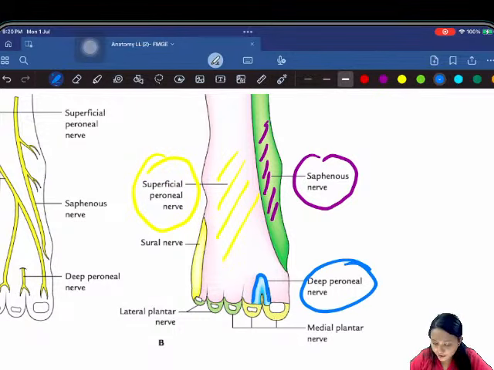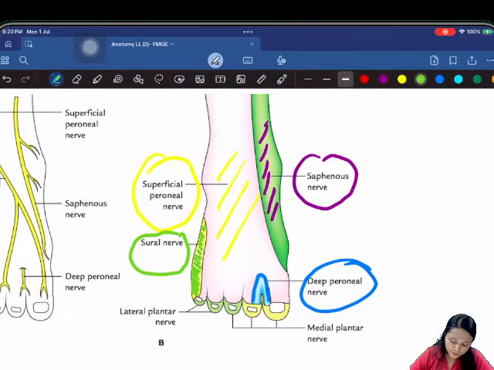Do you know this much? And the extreme lateral part, the lateral margin of the little toe, that part is supplied by the sural nerve. So you have to remember the four nerves. On the lateral side you have the sural nerve, on the medial side you have the saphenous, in the first web space you have deep peroneal, and the rest is all superficial peroneal nerve.